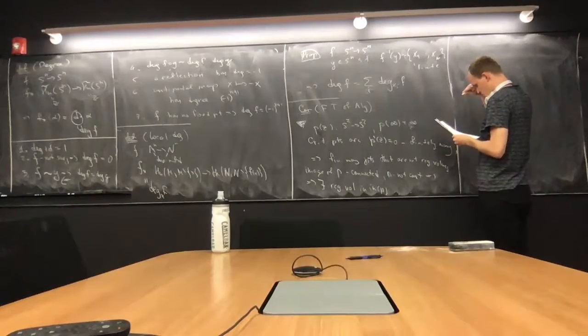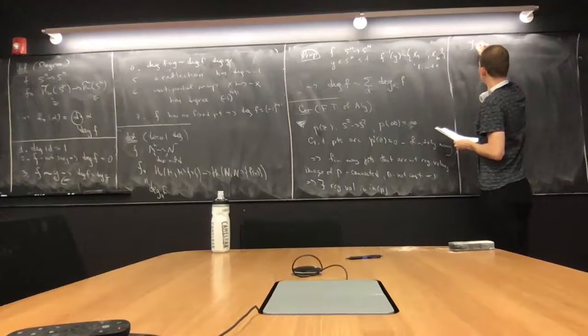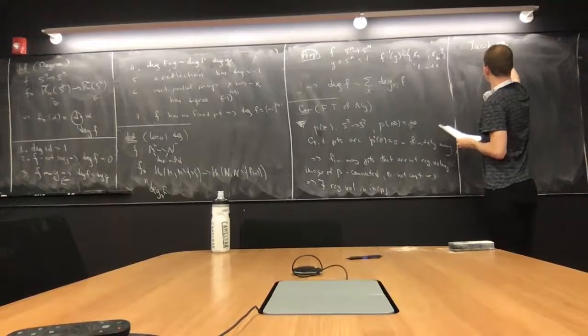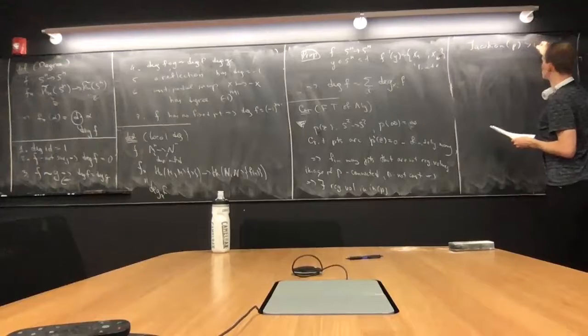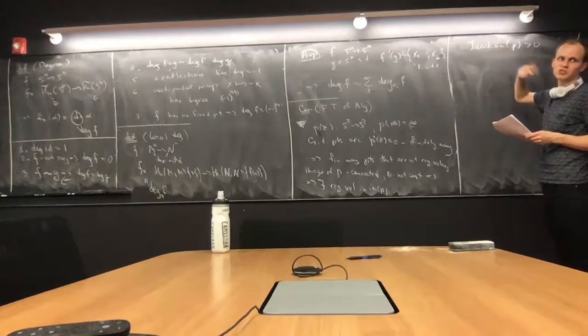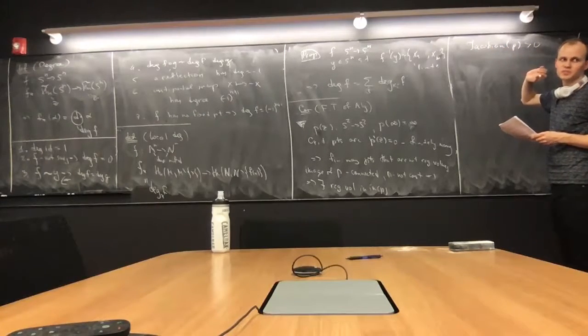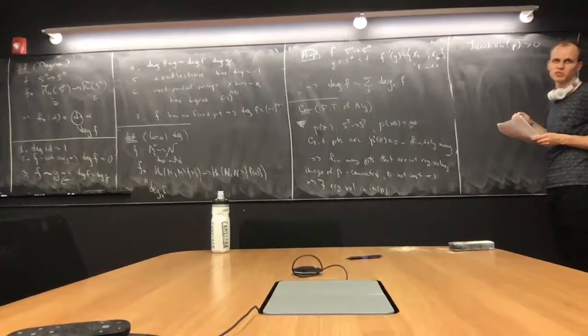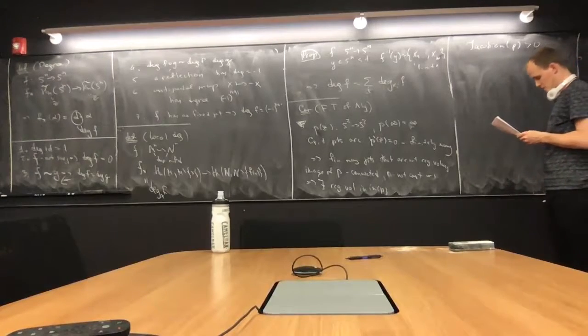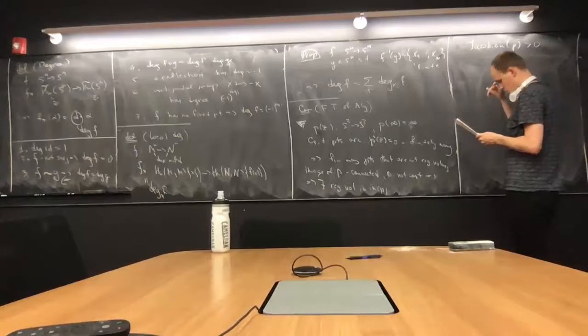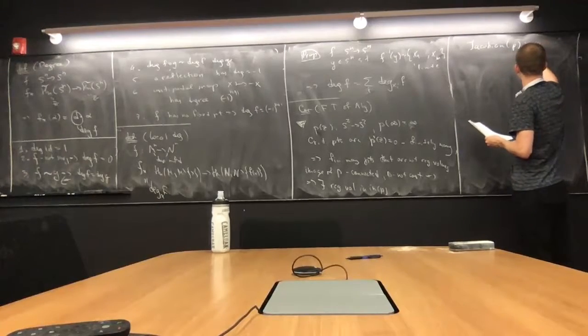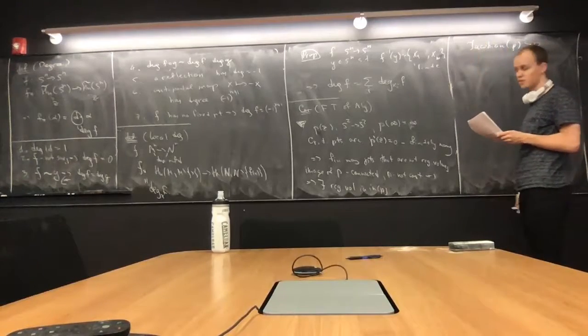However, the Jacobian of P is always strictly positive because the holomorphic function, right, preserves orientation. Well, I should say, positive at regular points.